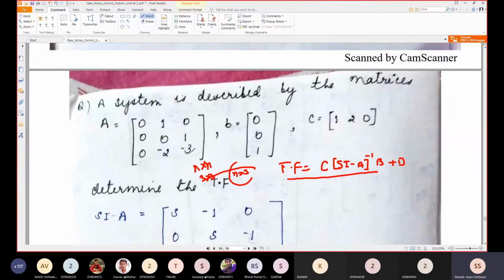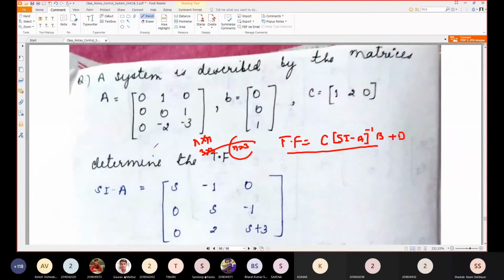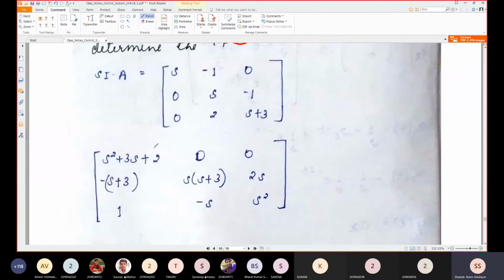This is s. This is s plus 3. And otherwise all the terms will have a minus sign. This is a shortcut method. So except the diagonal, we write all these with minus signs. So this is sI minus A.